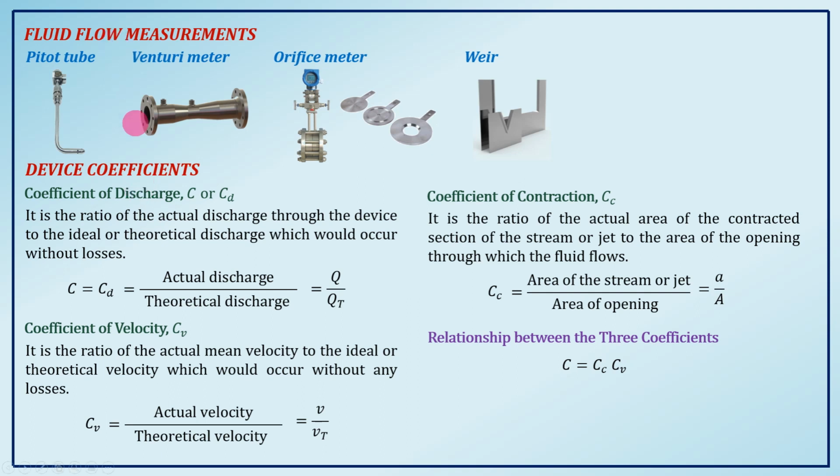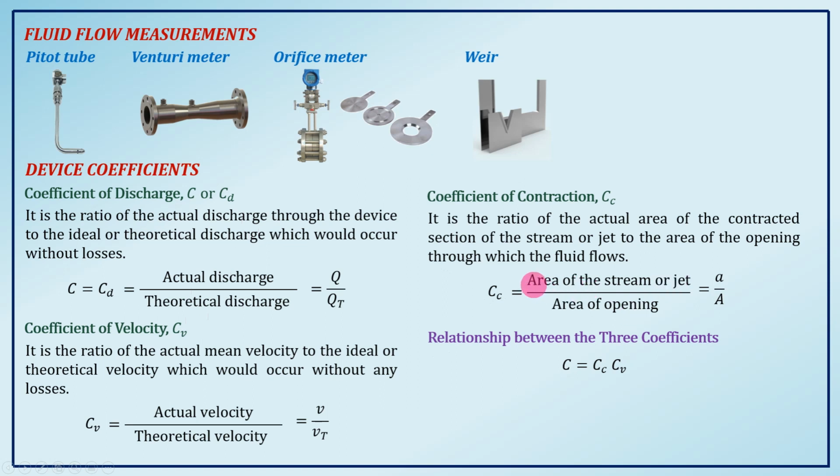So, we have coefficient of discharge C or CD. Equal yan kay actual discharge divided by the theoretical discharge. And the coefficient of velocity naman, actual velocity divided by theoretical velocity. And for the coefficient of contraction, we have area of the stream or jet divided by the area of opening.